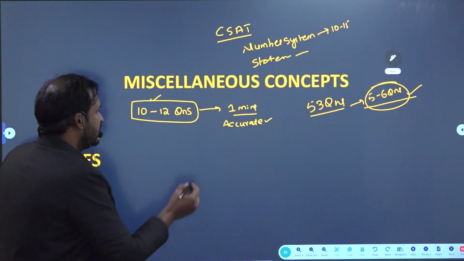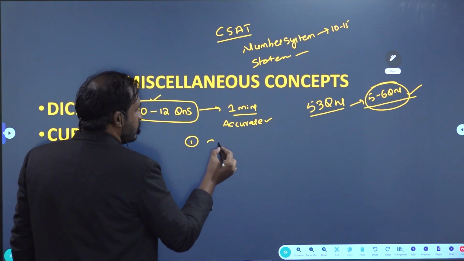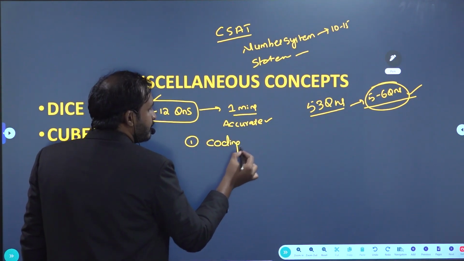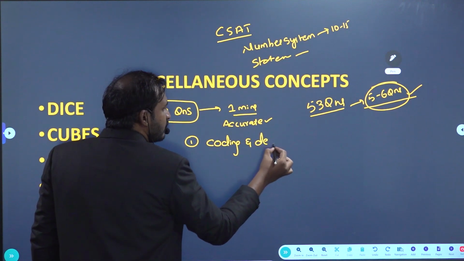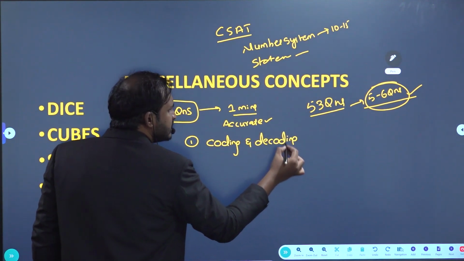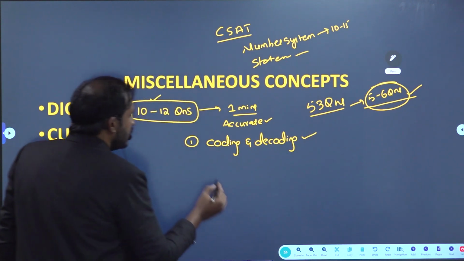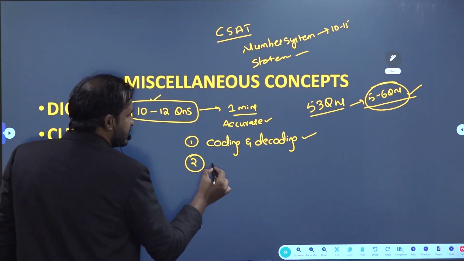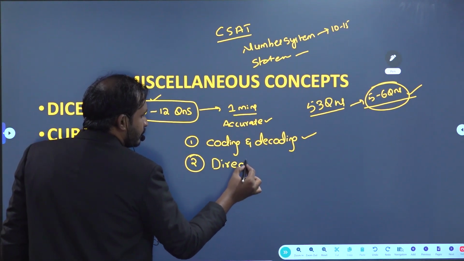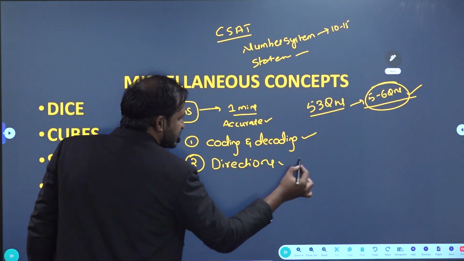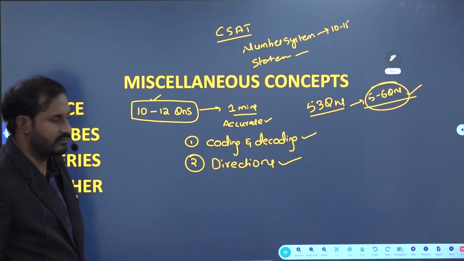See here students, definitely they are asking one question from coding and decoding, and that too a simple question. So solve that question. One question they are asking from directions, a simple concept, attempt that one.